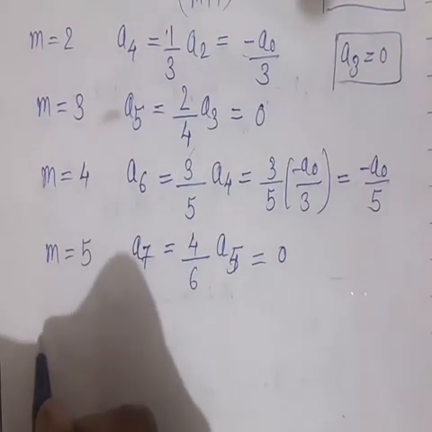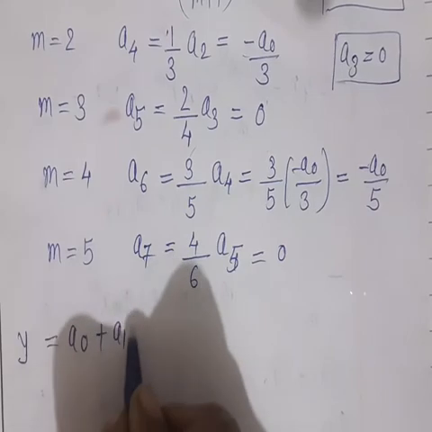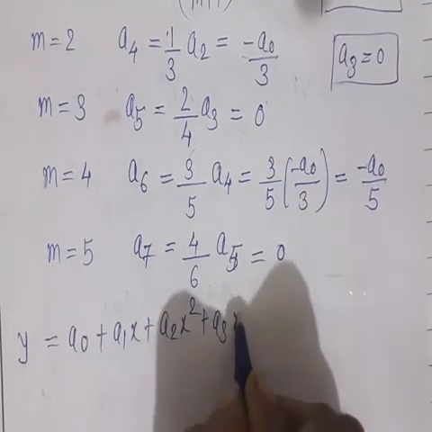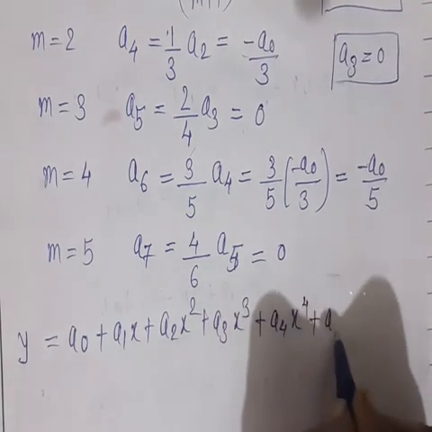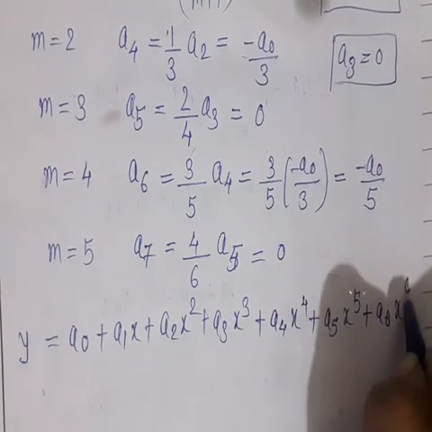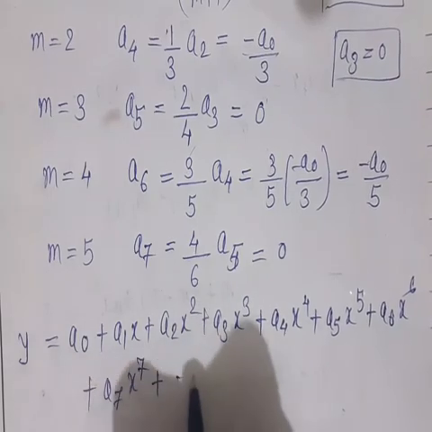Now what is the series solution? y is equal to a0 plus a1x plus a2x square plus a3x cube plus a4 x to the power 4 plus a5 x to the power 5 plus a6 x to the power 6 plus a7 x to the power 7 and so on.